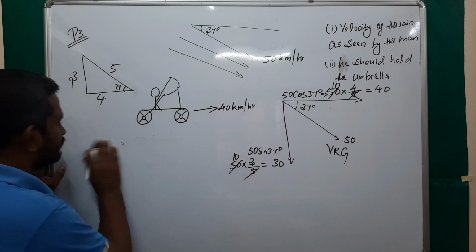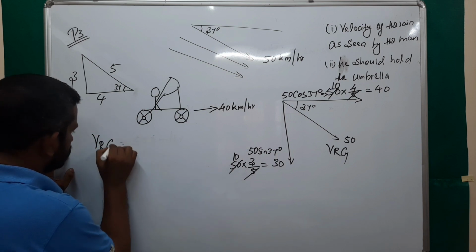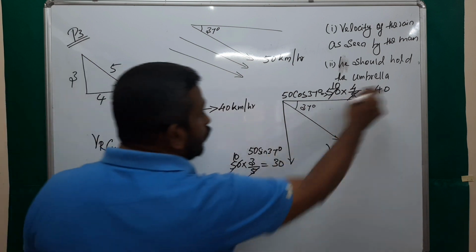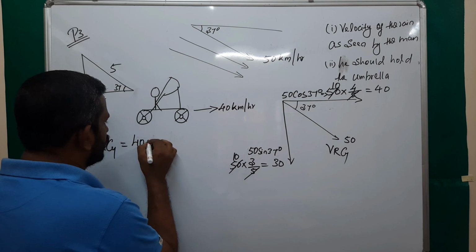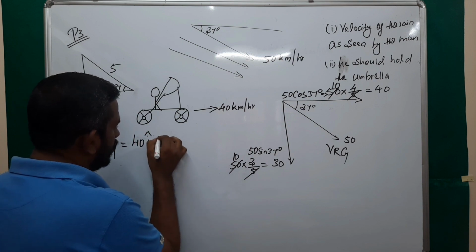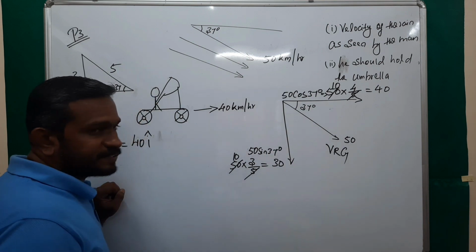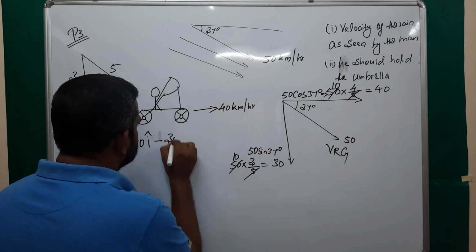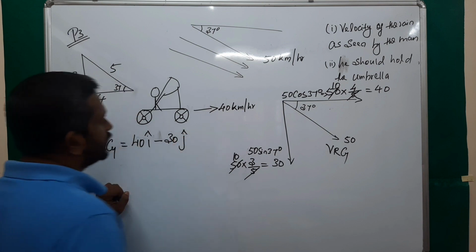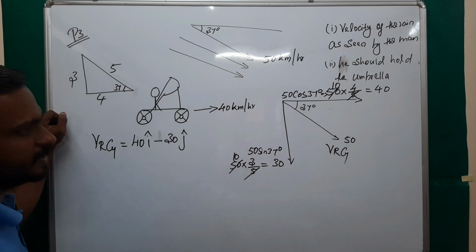So we can write the velocity of the rain with respect to the ground is equal to 40 i cap in the positive x-axis, and minus 30 j cap in the negative y-axis, where j is the unit vector. This is the velocity of the rain as seen by the ground.